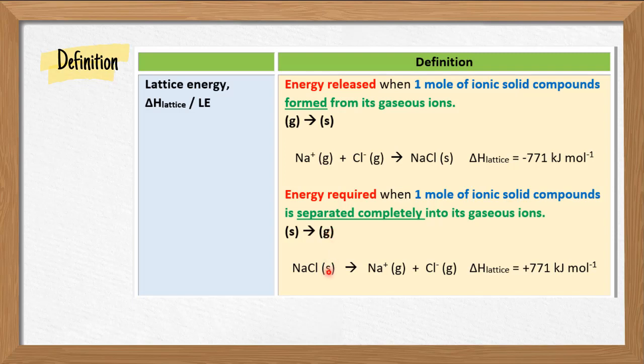In this case, the energy required when one mole of the solid ionic compound is broken down, is separated into its gaseous ion. For energy release, we're focusing on the product, the solid ionic compound. For energy required, we're focusing on the reactant. So keep this focus as one mole according to the definitions.